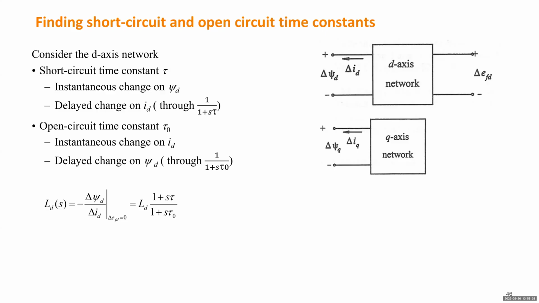Voltage divided by current will be this first order system, and the current divided by voltage will be this first order system. So when you combine both, you have this one. If you have voltage divided by current, you have tau 0 on the right hand side in the denominator. But if you flip this one, you have current divided by voltage, so tau will be on the bottom, and will become the time constant.